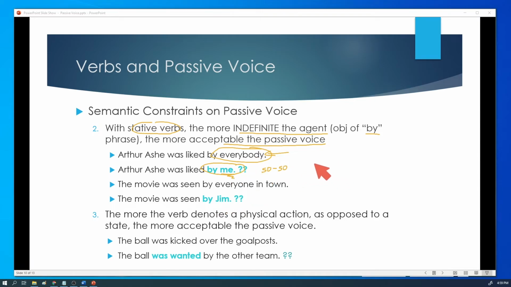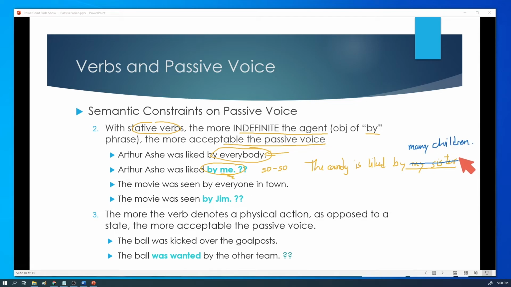So in my sentences, the candy is liked by my sister. My sister is very specific. So this sentence is actually so-so. It would be better to say the candy is liked by many children.